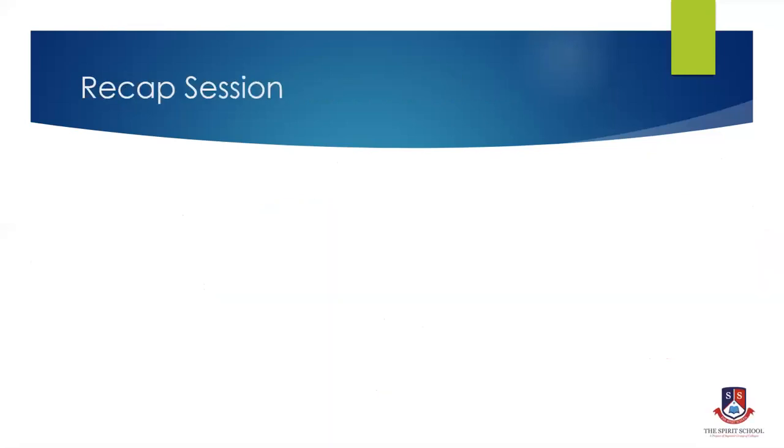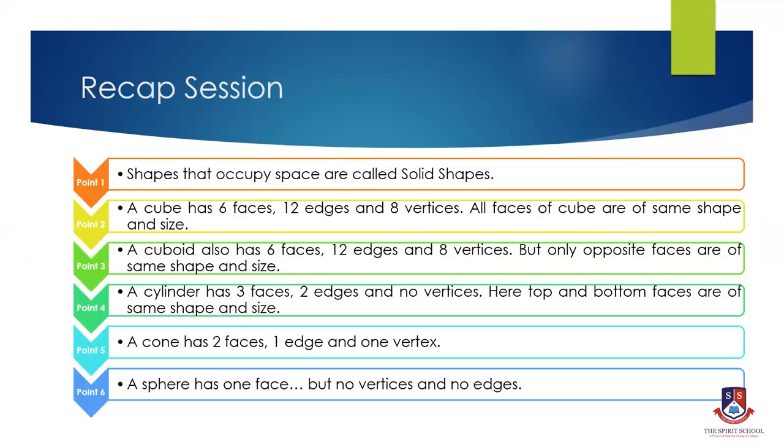Now, let us recap what we have learned in today's lesson. Firstly, we have seen that shapes that occupy space are called solid shapes, and they are basically three-dimensional. Secondly, we have seen that there are many types of standard solid shapes. These are cube, cuboid, cylinder, cone, and sphere.